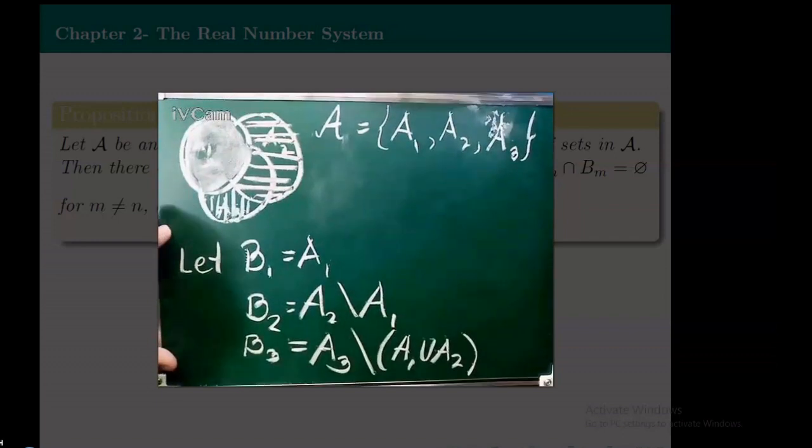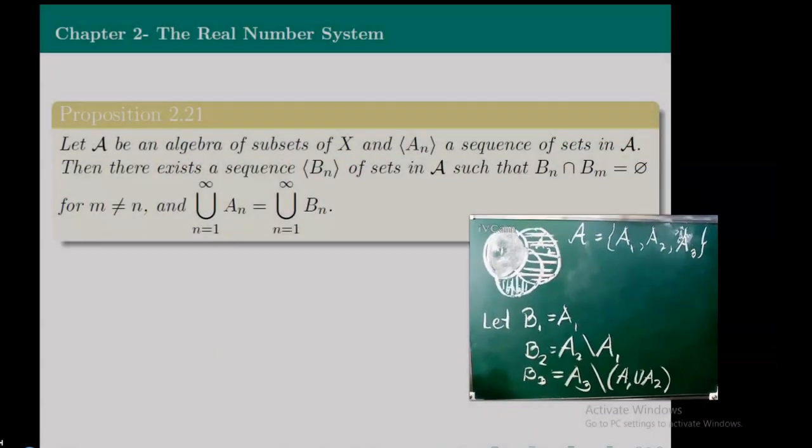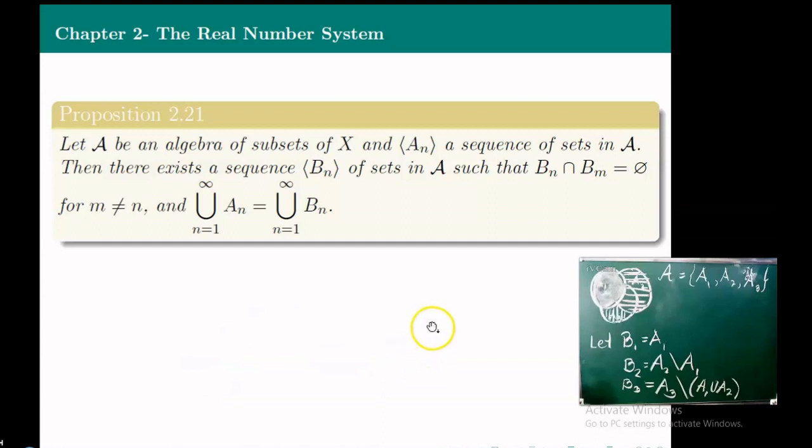Now take note that from this condition here, the proposition, B1, B2, and B3 are sets in script A. So this is a sequence of sets. And then the intersection of B1 and B2 is empty, or they are disjoint.